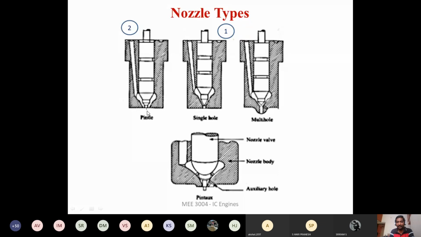This is the pintle type. Now the one we call the pintaux type, where the pintle is there and an auxiliary opening is also there. Okay, so these are the 4 different types of nozzles.